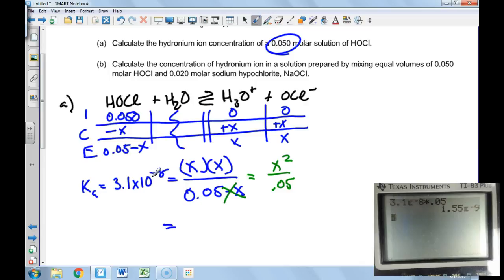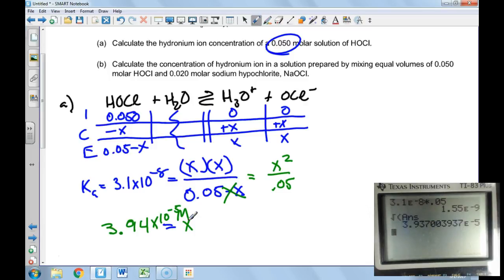So we multiply by this and then take the square root. And so we get that x equals 3.94 times 10 to the minus 5 molar. Okay, so that's the concentration of the hydronium ion.